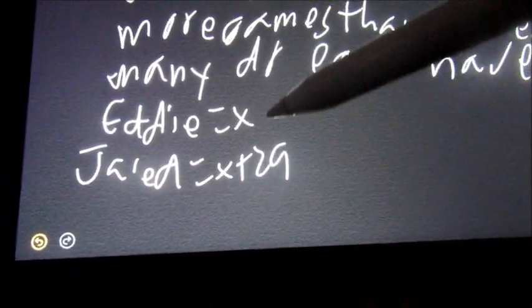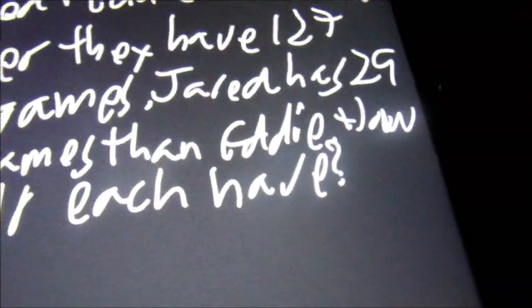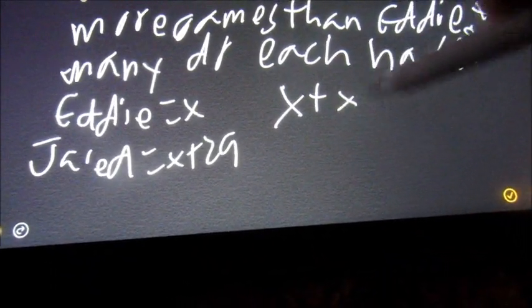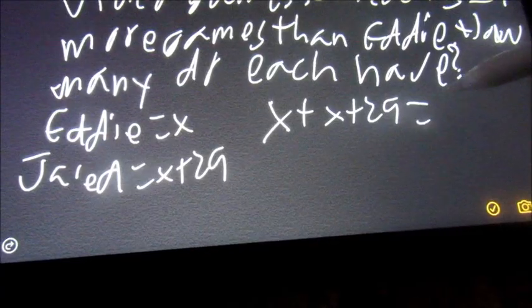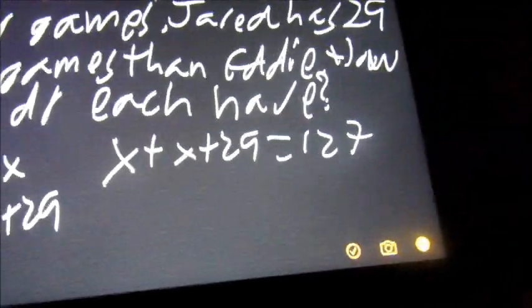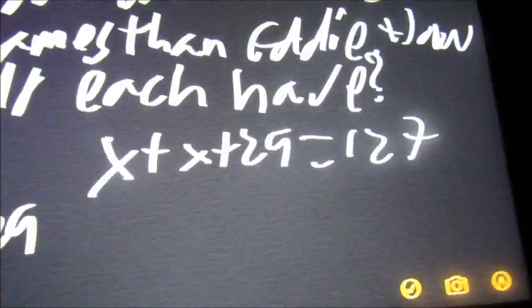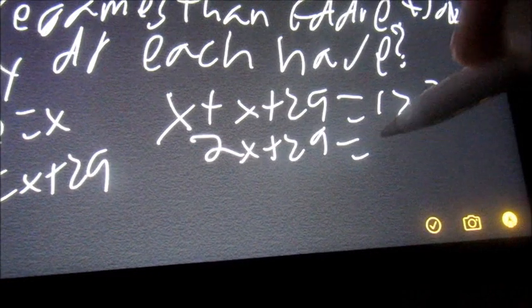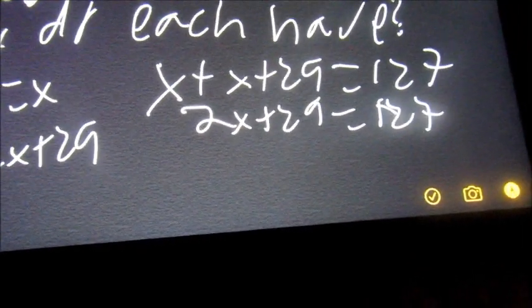Now when we add these two together, we get 127. So X plus X plus 29 equals 127. Now we have it set up.